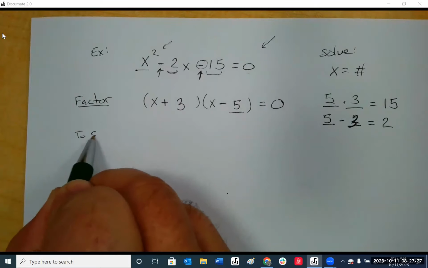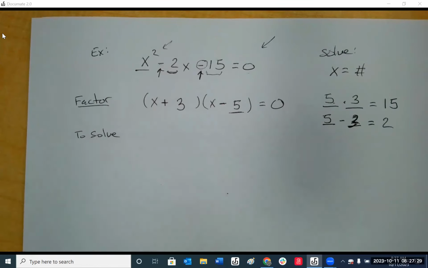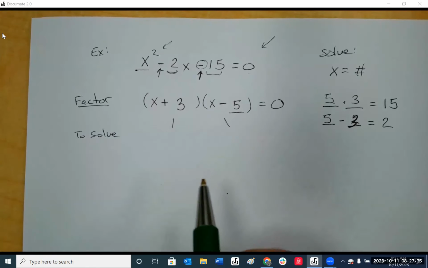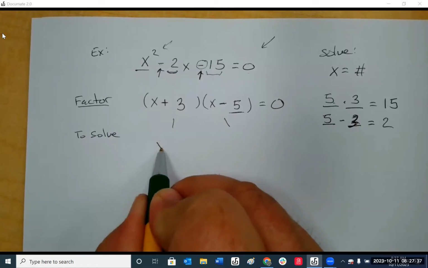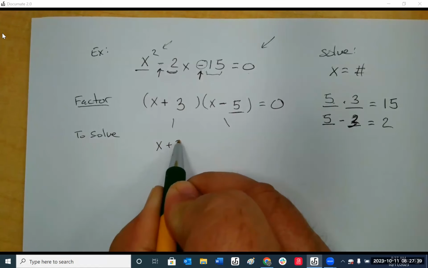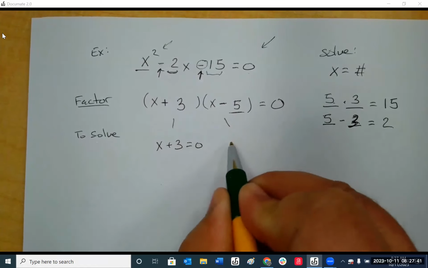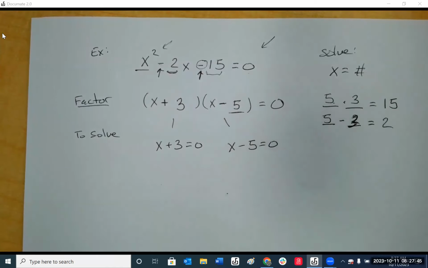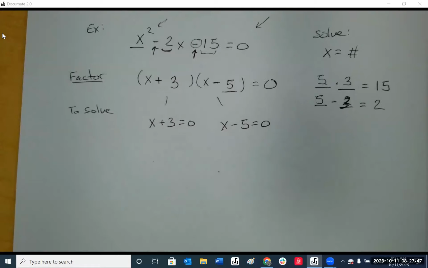Now, to solve, we take both of these individual monomials and set them equal to 0, and solve.